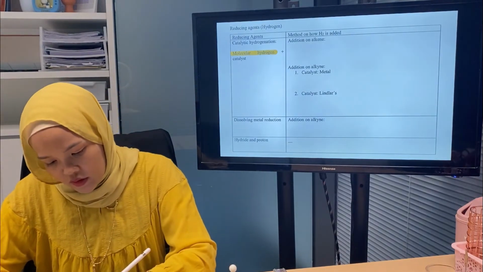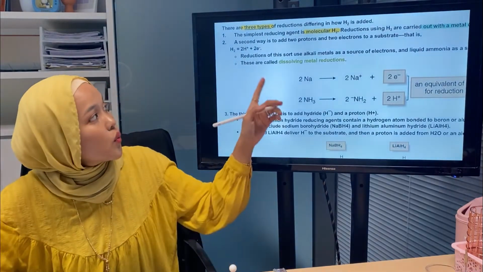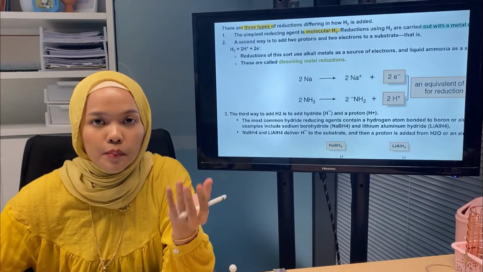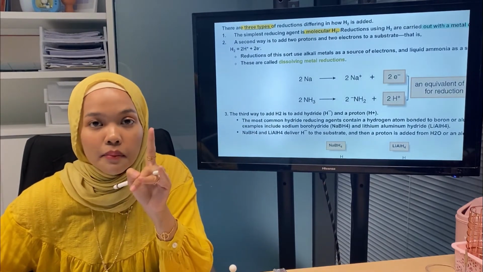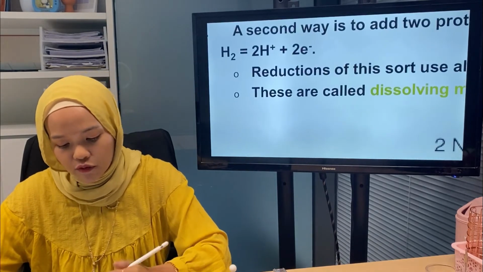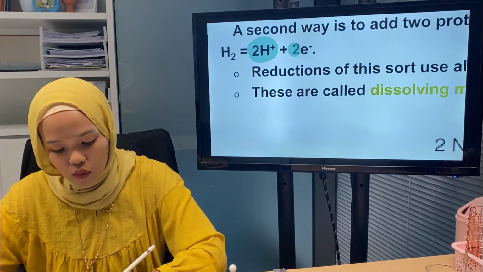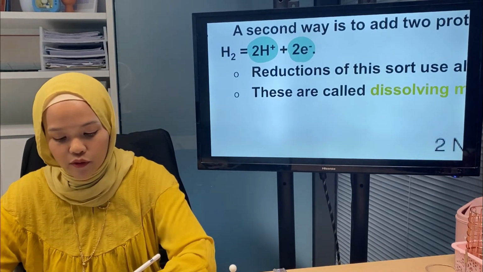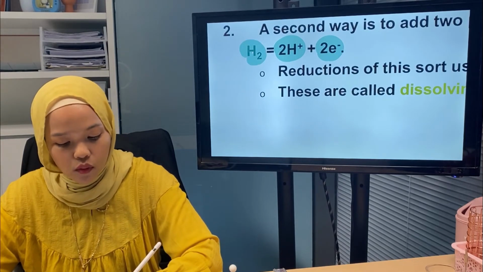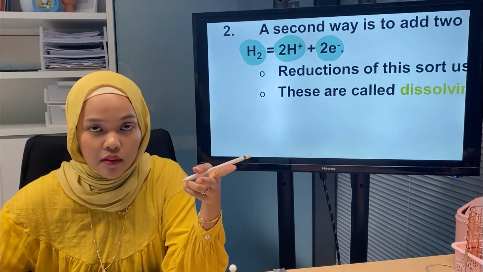Next, a second way is to add 2 protons and 2 electrons. What is a proton? Proton is H plus. Remember that. So if you have 2 protons, 2 H plus, and 2 electrons coming from different sources, this is also equivalent to 2 hydrogen atoms, which is H2, correct or not?